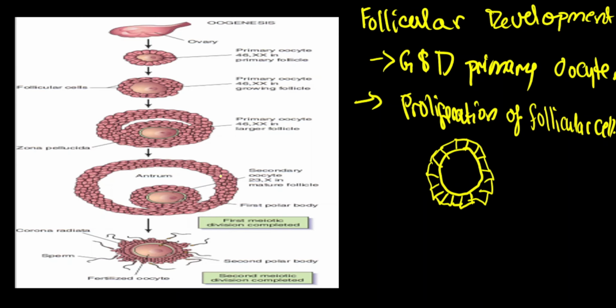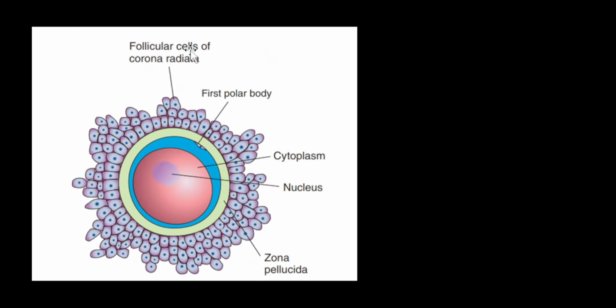After this, we have the development, or the formation, of the zona pellucida. Now, the zona pellucida is this glycoprotein layer that surrounds the oocyte. In this picture, the zona pellucida is not labeled, but we can see here in this picture we have the zona pellucida well labeled.